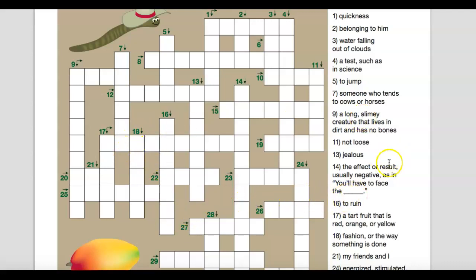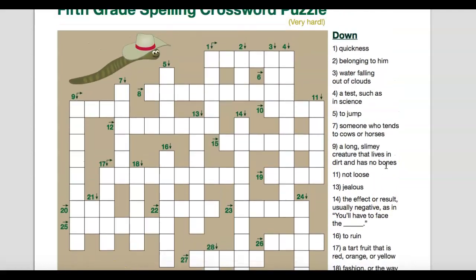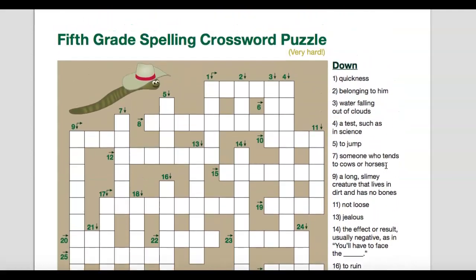So hopefully that will help you. I will figure out how to attach it, but I will send you a word list or word bank that goes with this crossword puzzle.